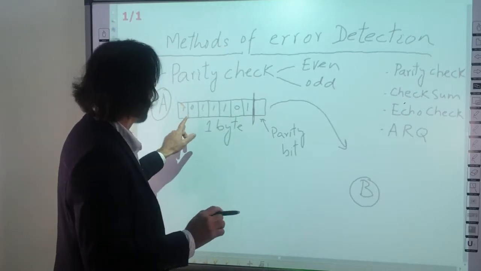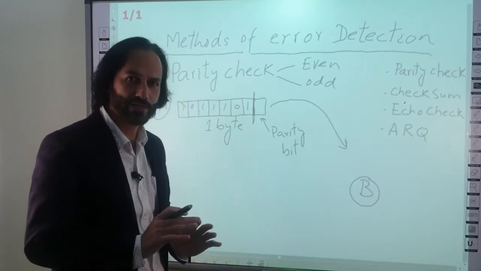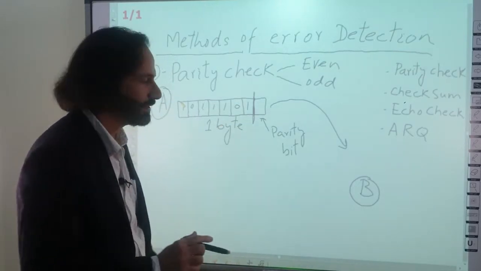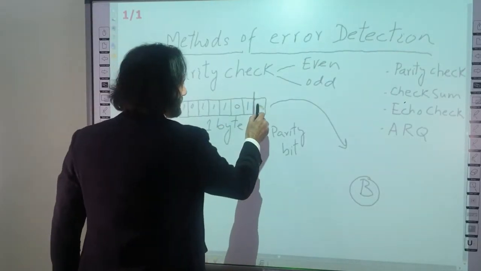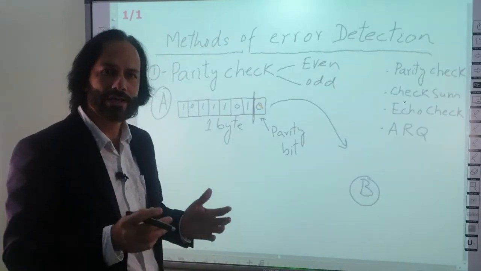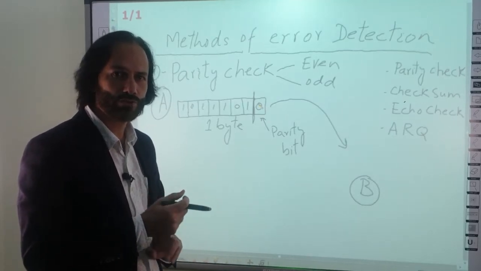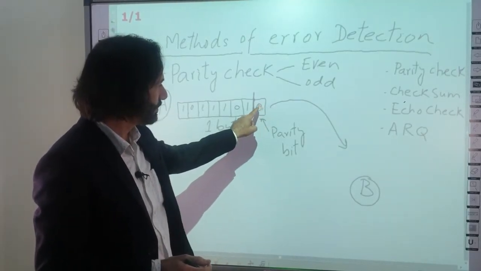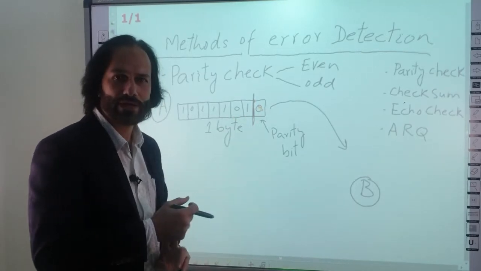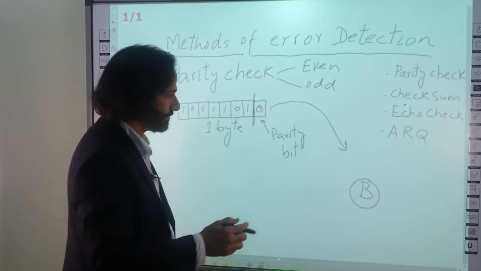Now again count number of ones: 1, 2, 3, 4, 5. They are already odd. So the sender will put 0 here because it's already odd, and the sender will keep number of ones odd because sender has a choice of putting 0 or 1 in the parity bit. Now this byte is sent to computer B.